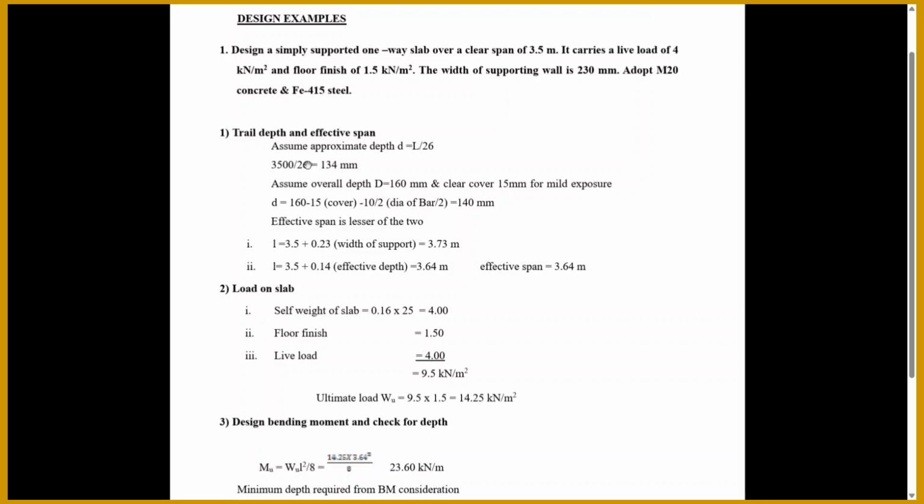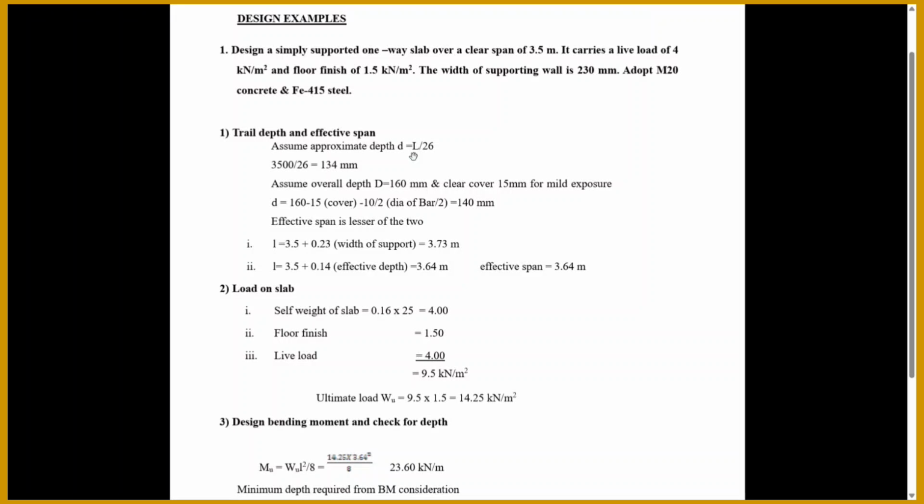First, you will have to assume the depth. For that, we will trial the depth and the effective span. First, we assume the approximate depth. Our slab is simply supported, so as per the codal provision, for simply supported the depth is equal to span by ratio. Ratio means 26 from the code provision.